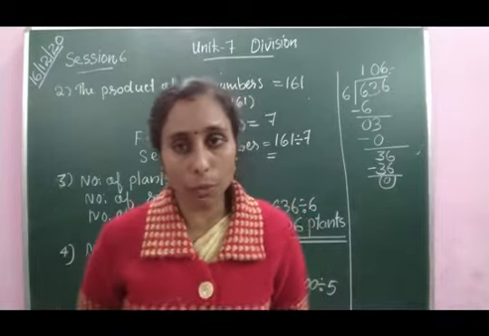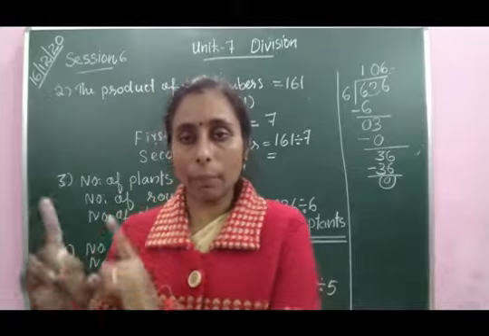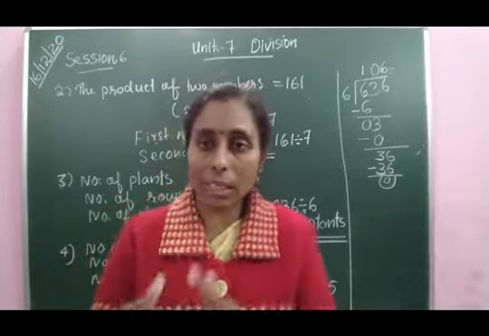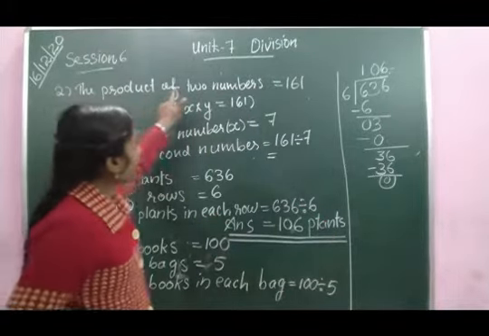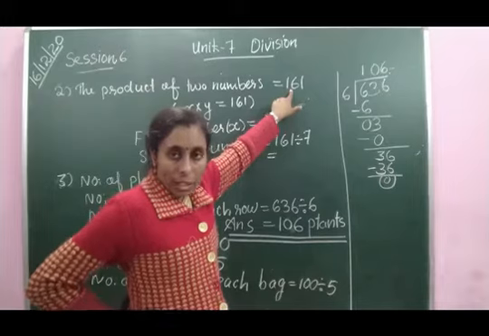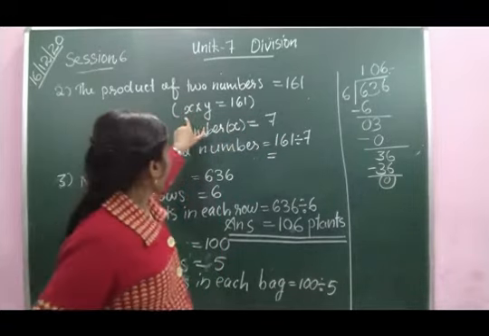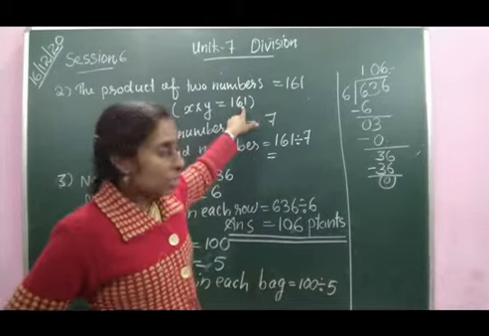The product of two numbers A multiplied by B is equal to 161. One number is there, 7 multiplied by B is equal to 161. Here I have given x multiplied by y. x multiplied by y is equal to 161.